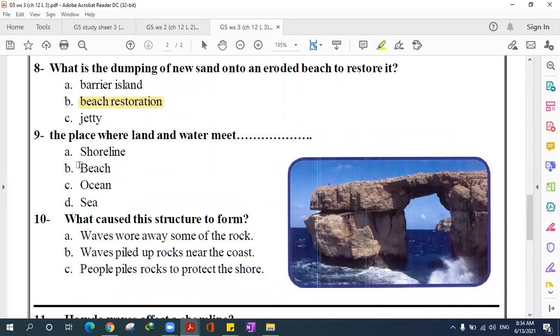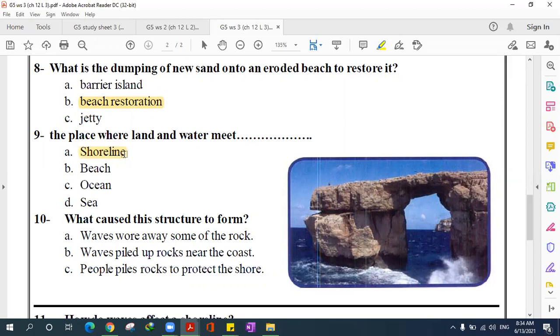Is it beach or shoreline? Well, there is a difference between both. Do you guys know it? Can someone tell me the difference between beach and shoreline? The shoreline is the place where land and water meet. That's exactly it.